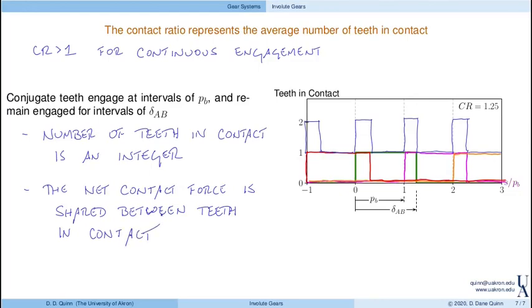Right, so again, this contact ratio is really important for looking at things like the stress that a gear tooth would face, how the load is shared across the gears, lots of different reasons. But that's our quick introduction to tooth profiles.